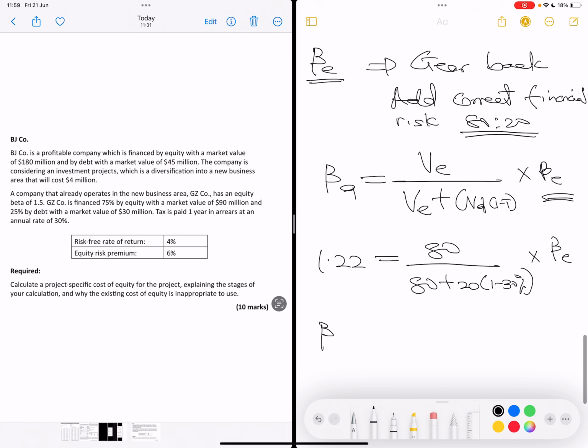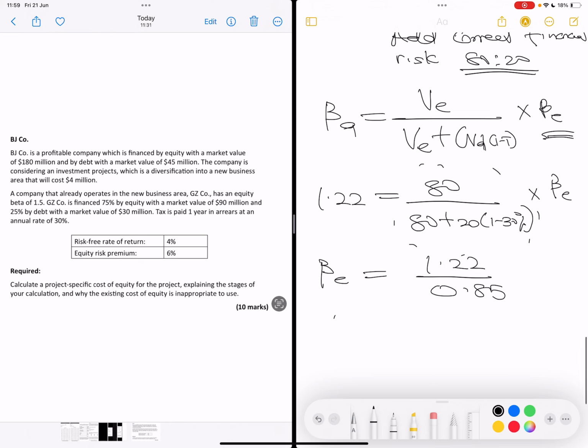So beta equity now equals 0.7 times 20 plus 80, that's 94. 80 divided by 94, that's 0.85. So beta equity equals 1.22 divided by 0.85, and that gives us 1.43.